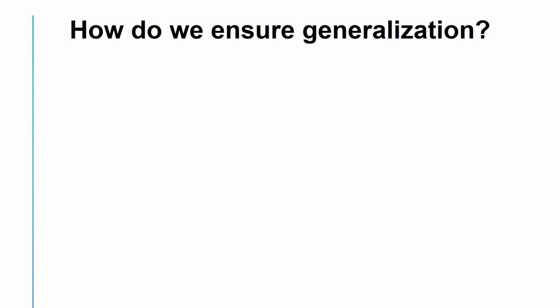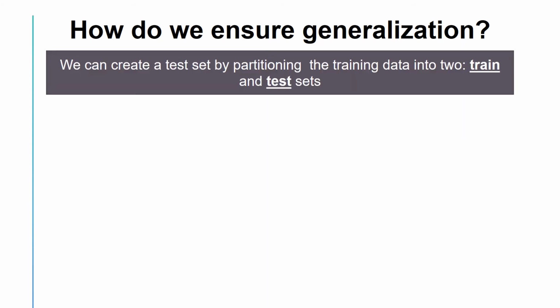Now, how do we estimate the generalization performance? One simple idea is to divide your original training data into two subsets, a training set, which we use for training purposes, and a test set, also known as the holdout data, that is used to estimate the generalization error.